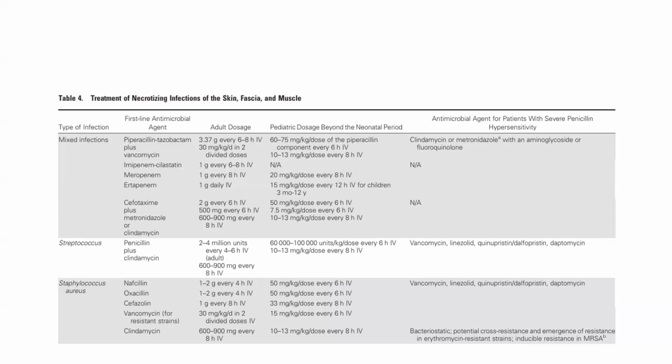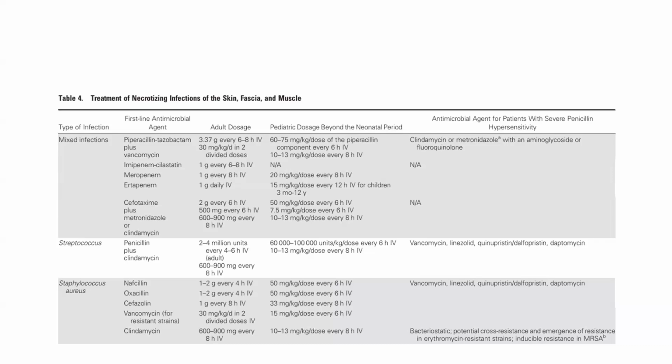If it is a streptococcal infection, then we can go with penicillin plus clindamycin. Penicillin we can use in the dose of 2 to 4 million units every 4 to 6 hourly, or clindamycin in the dose of 600 to 900 mg every 8 hours.